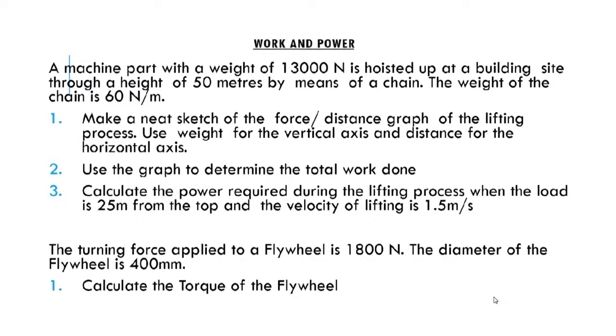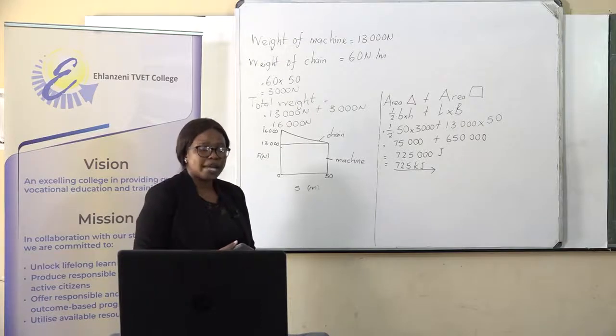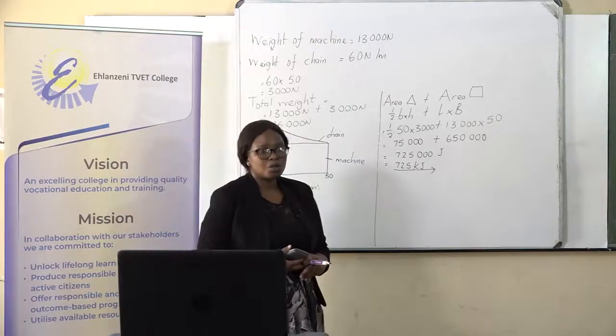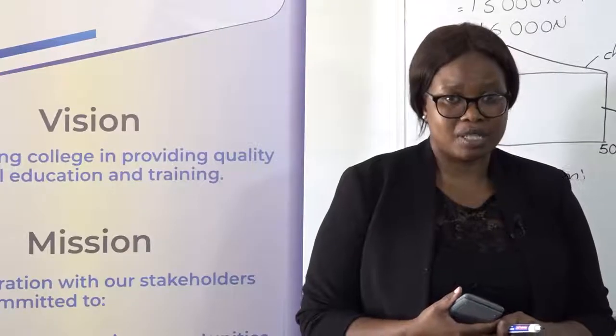Are we still going to apply the formula for power where we say power is equal to work done over time? No. The formula that we are going to apply here now is where we say power is equal to force times velocity.